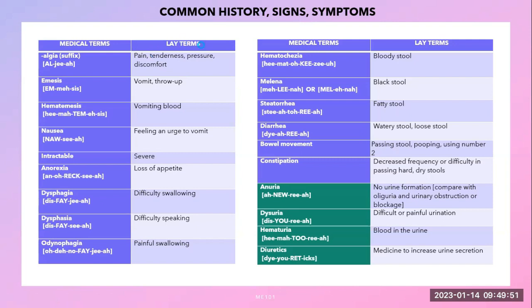Intractable. Intractable, yes. This word is usually kind of subjective. That means that when we see the patient or hear their story, we're thinking it's very severe and it came on suddenly. For example, the patient says, I have been vomiting a lot this morning and I cannot stop it, I just vomit and vomit.